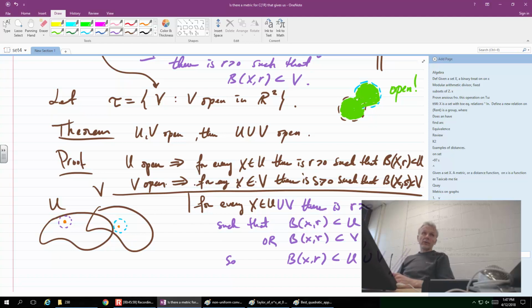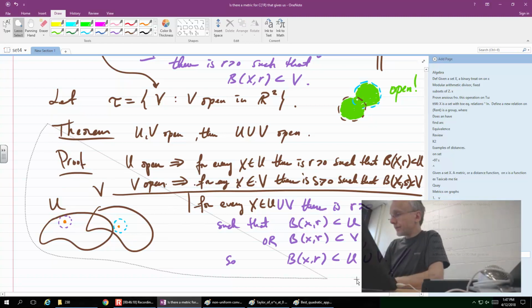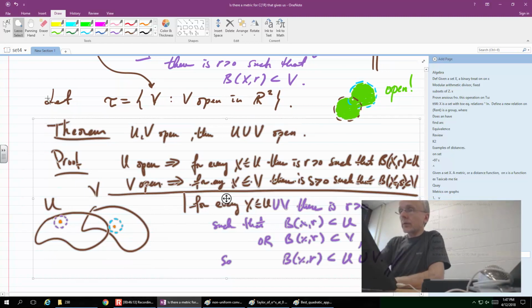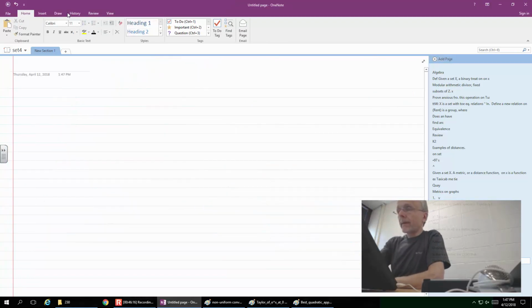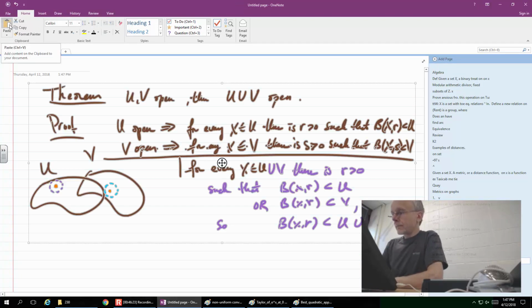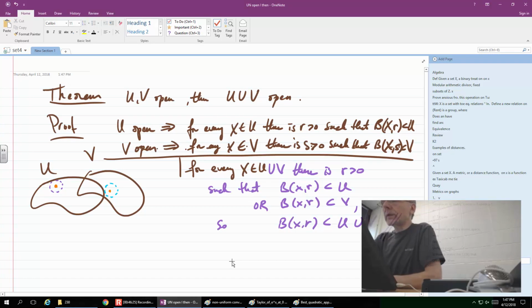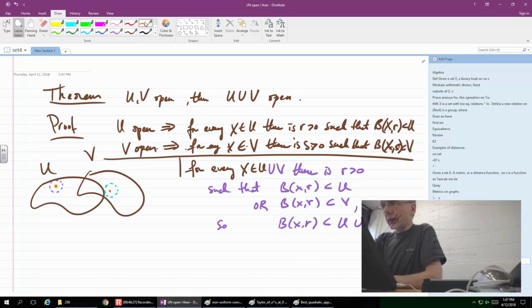So we still have to prove that the intersection of two open sets is open. Well, let me copy, and you point out what we need to modify. So what I'm doing is I'm replacing union with intersection.